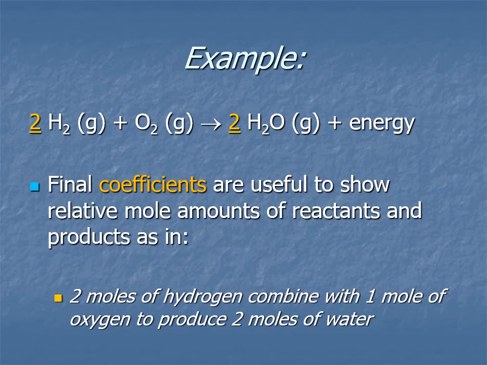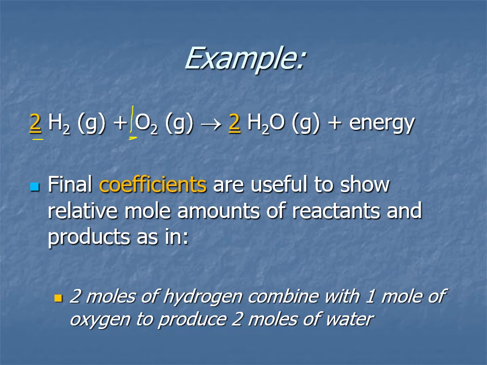Here's an example. Example is just water. So in water, I have a coefficient of 2 for the hydrogen, so that makes 4 hydrogen atoms, 2 molecules. We have nothing with the oxygen, so that is assumed to be a coefficient of 1, and so you don't have to write it. You can write it, it's okay. I don't, because chemists don't, but you can.